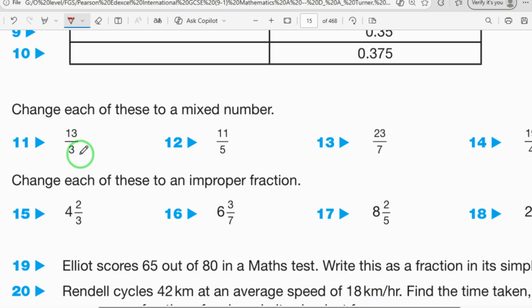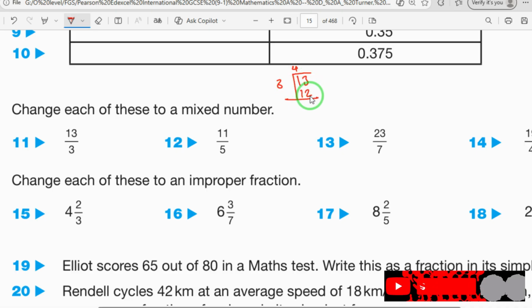Here we first divide 13 over 3, or 13 divided by 3. So here we have 13 divided by 3. We write here 3 times 3 is 9. We should take 4, so we write 4. 4 times 3 is 12.